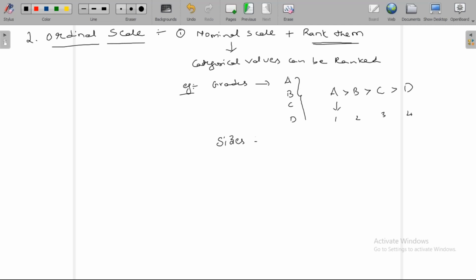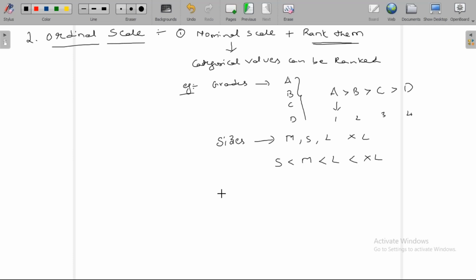So we cannot compare also, right? And the next thing is ordering is important. Ordering of values is very, very important.